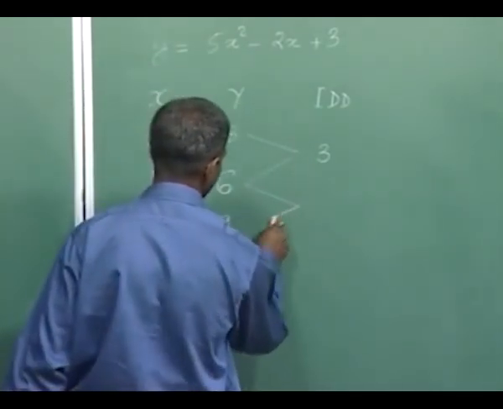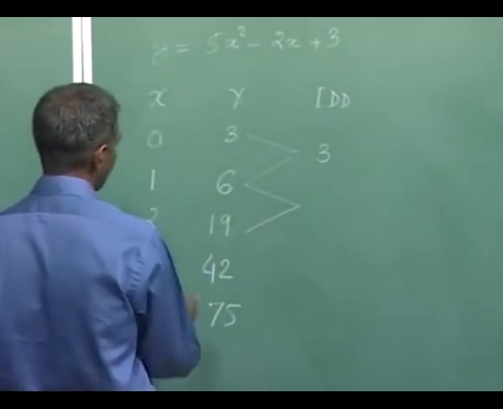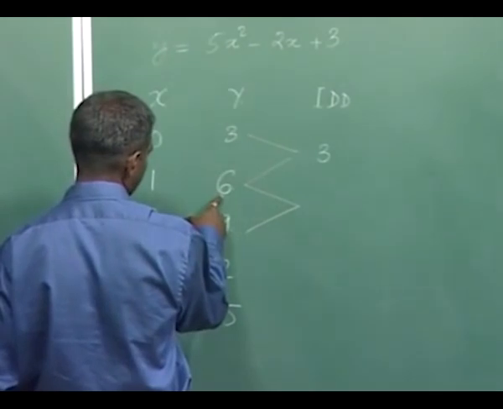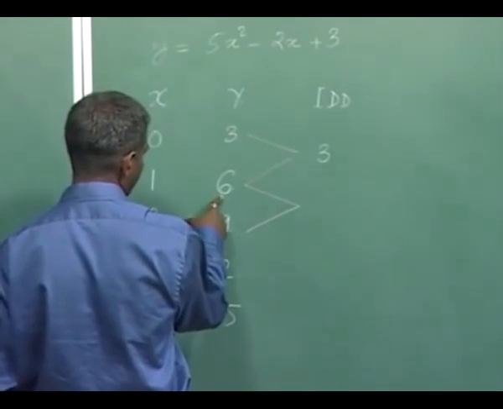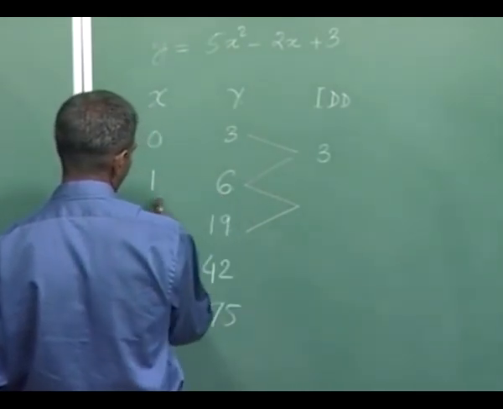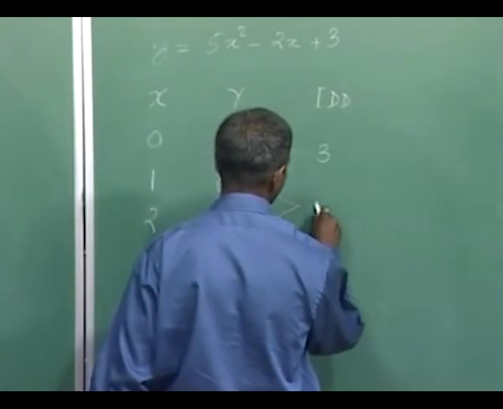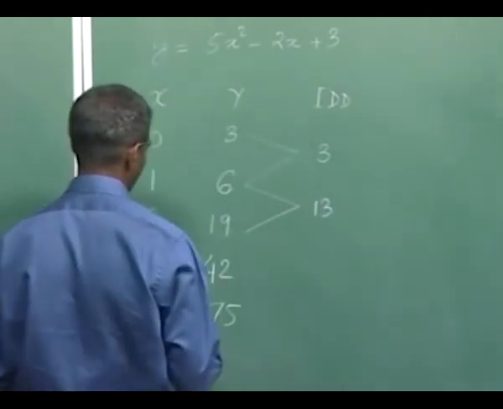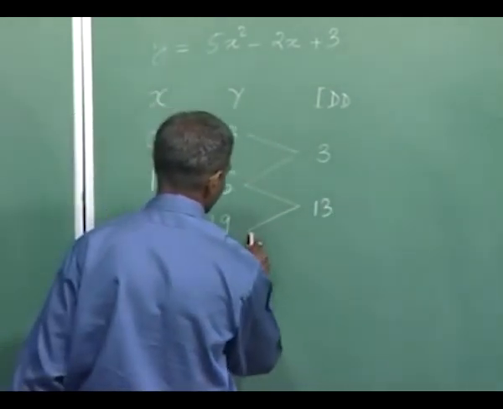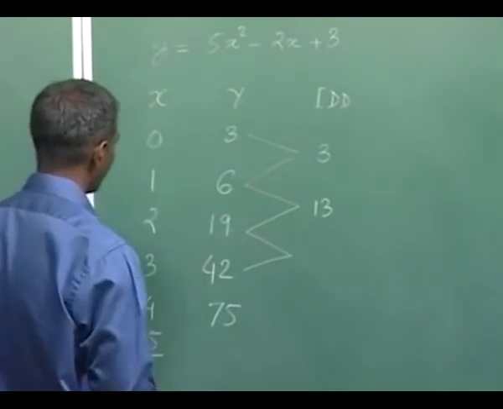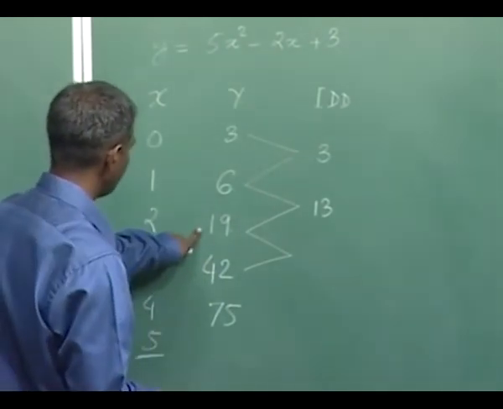Likewise, 19 minus 6 is 13 over 1. Okay, 42 minus 19.